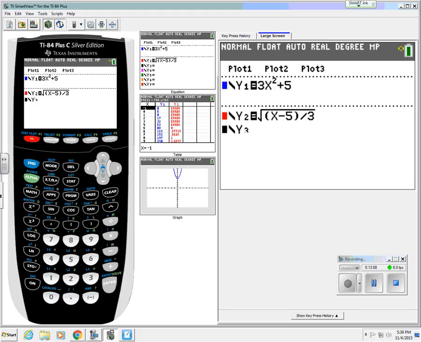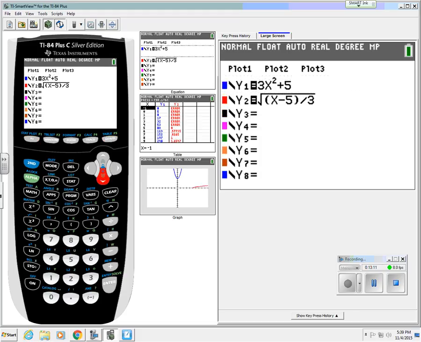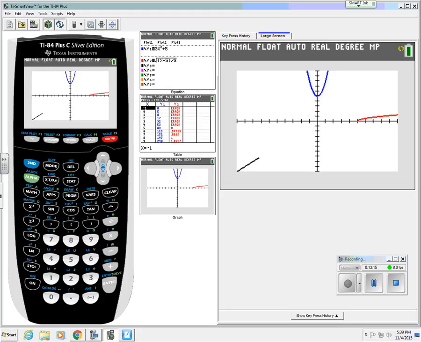Right, and again, these are reflections of each other over the line y equals x. So we can see the symmetry about that line if we graph that line.